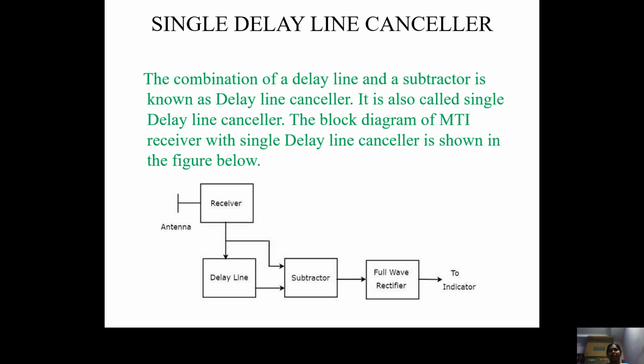At the subtractor, both are subtracted, and the difference generated is the bipolar video signal. This bipolar video signal is given to a full wave rectifier to obtain only a unipolar video signal, and this unipolar video signal is applied to the indicator to detect the moving targets.